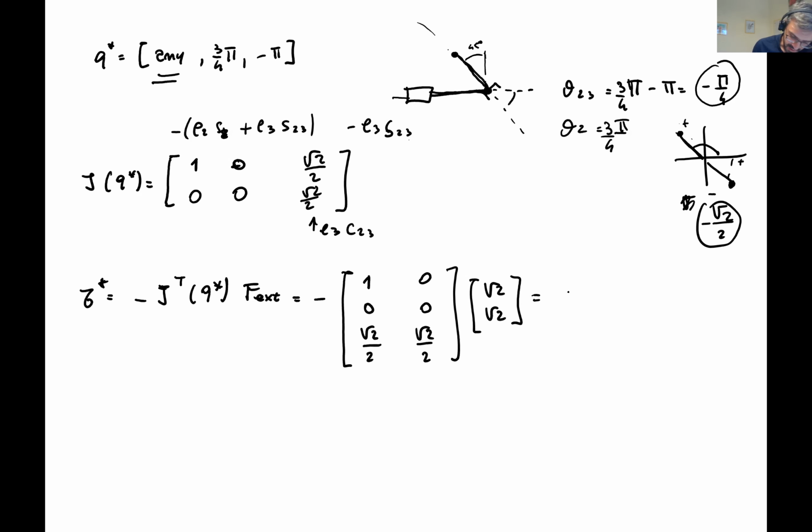And this becomes, this goes here, this goes here, so we get a minus, let's put the minus outside, square root of 2 and then 0, and these two both become 1, plus 1, so 2.